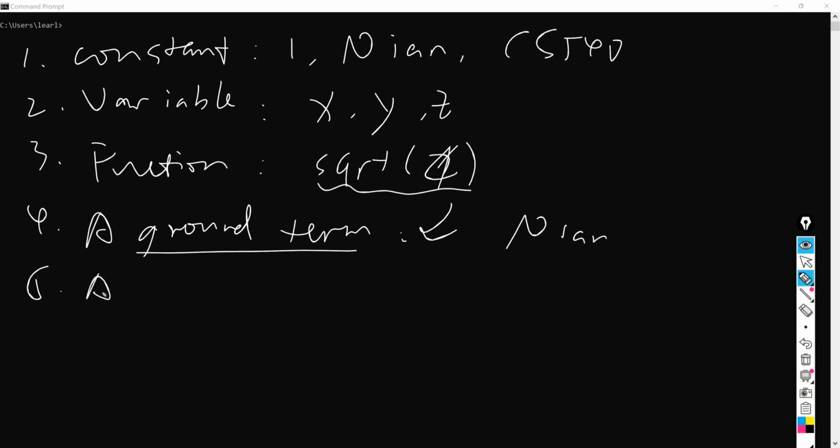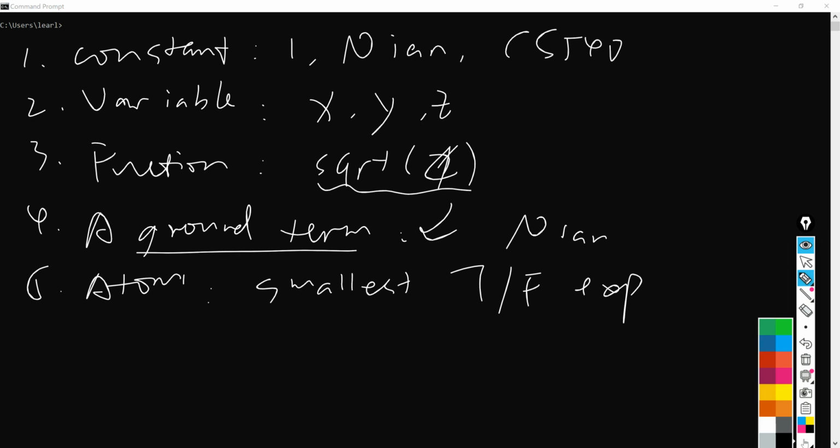The fifth thing is atom. This is somehow important. An atom is the smallest true or false expression. What does this mean? We can have two different things.